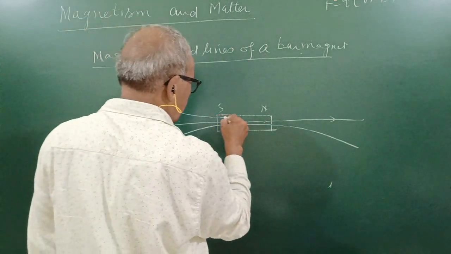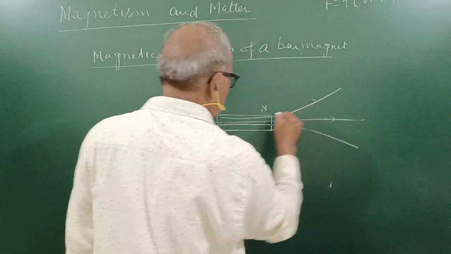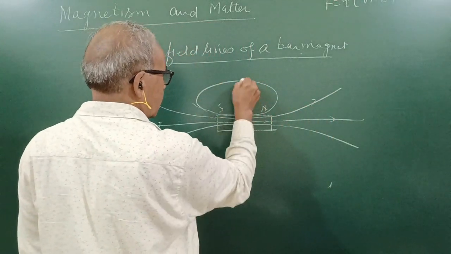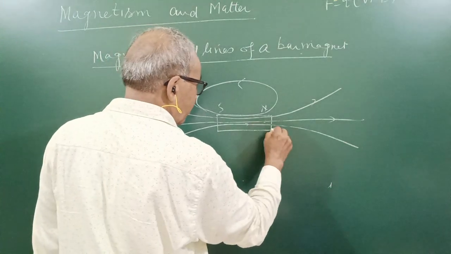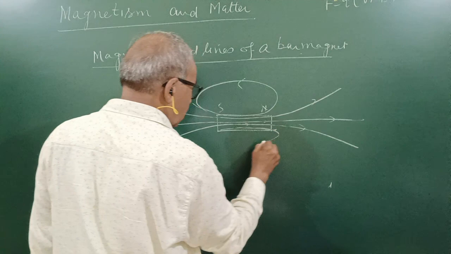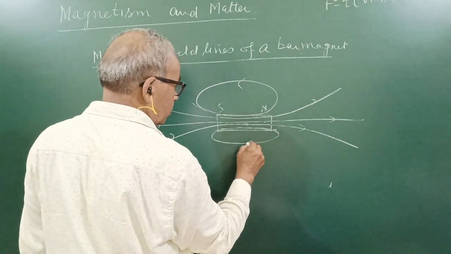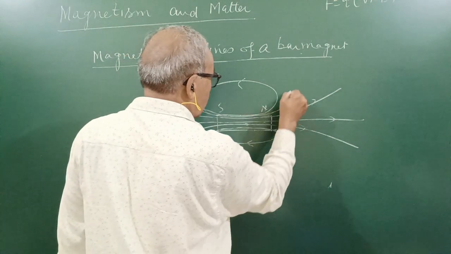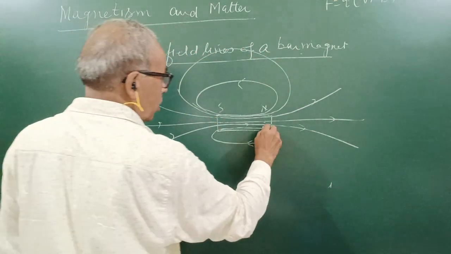They enter South Pole and leave at North Pole and make closed loops like this. The same pattern of field lines is there because of a long solenoid also. Long solenoid also makes closed loops like this.